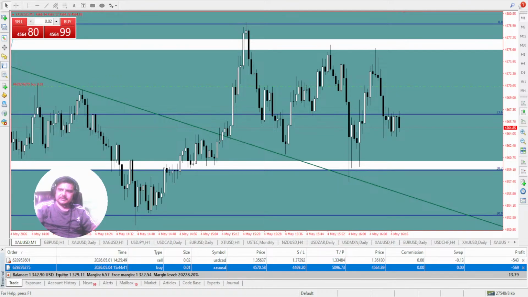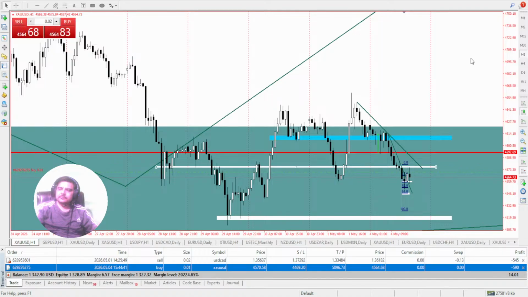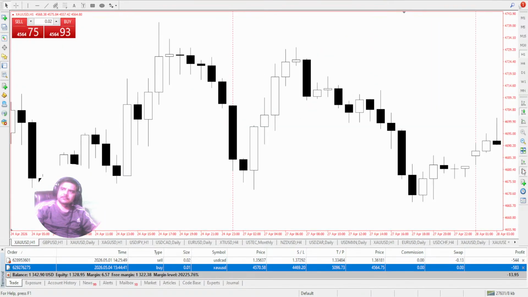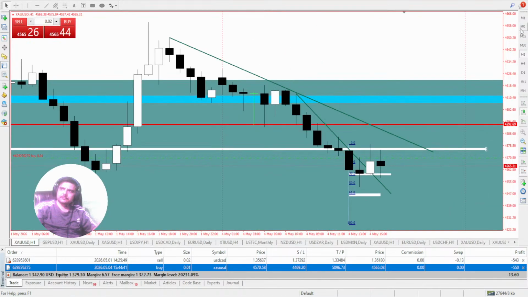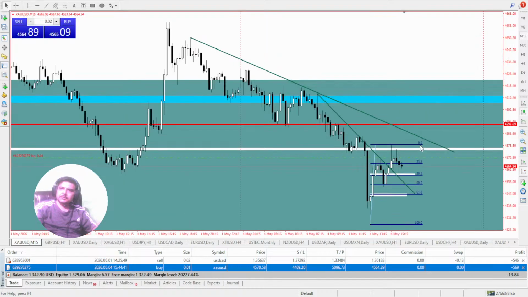11 minutes still left for the market to show some volume. Liquidity area being already identified right here.